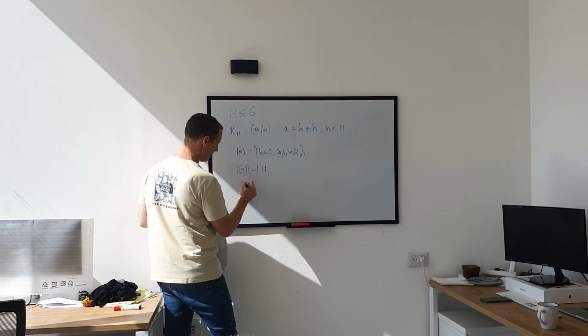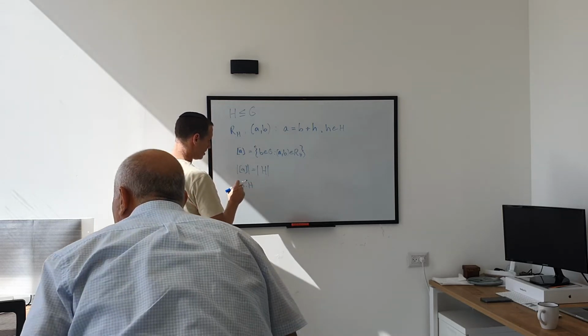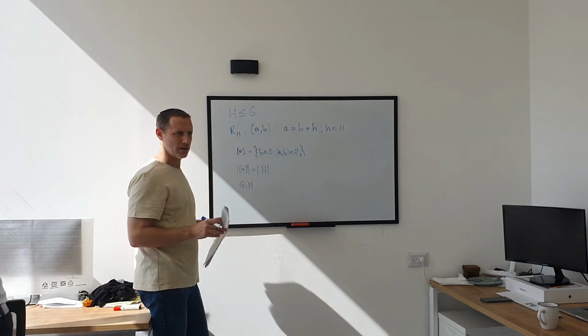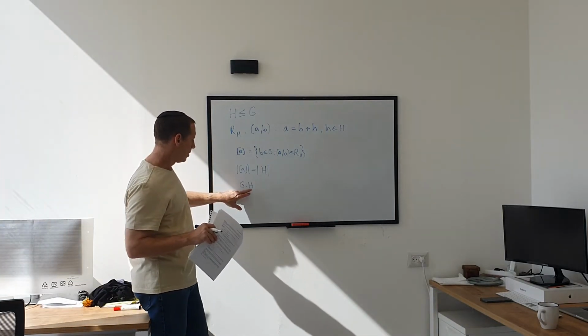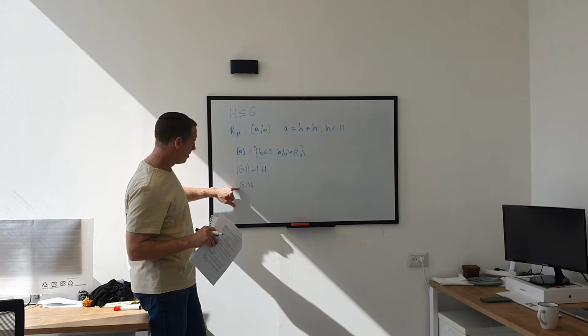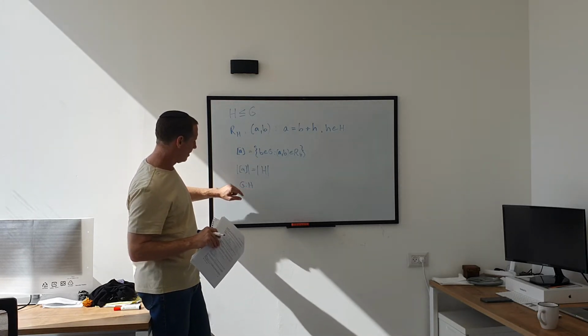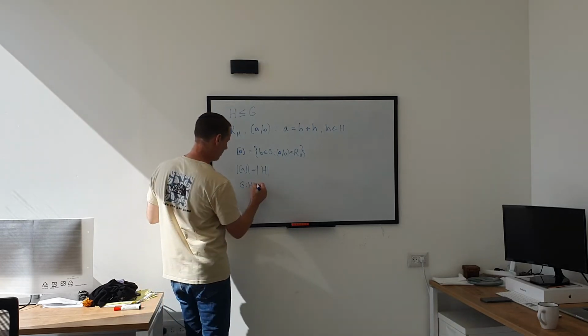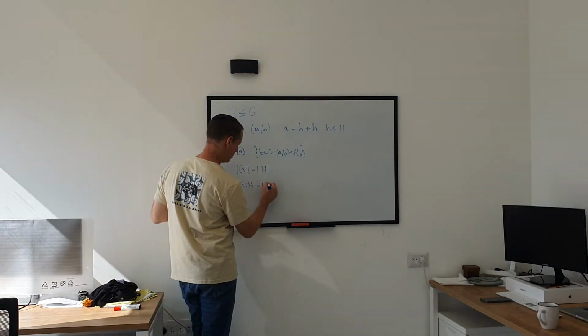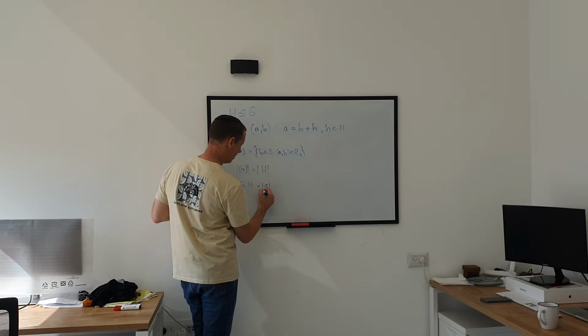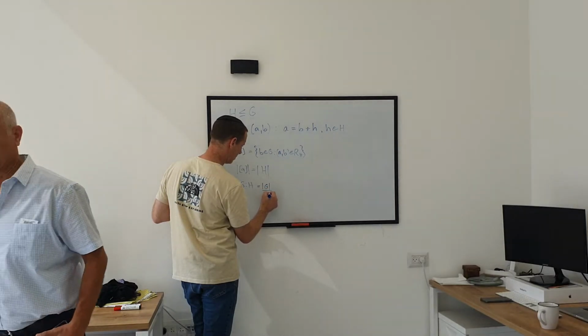We mark it like this, and this is called the index of H in G. So the number of equivalence classes is equal to the size of G divided by the size of H.